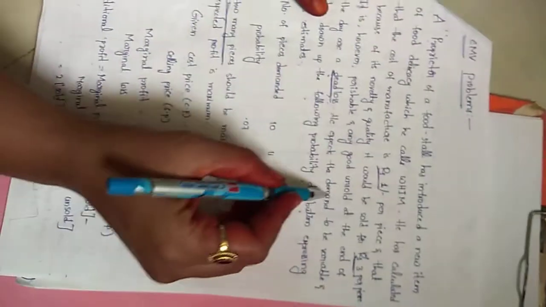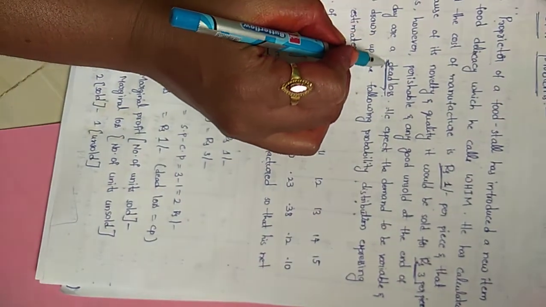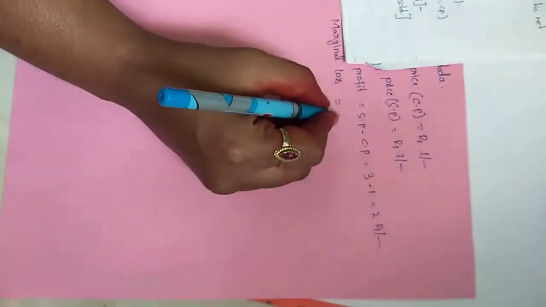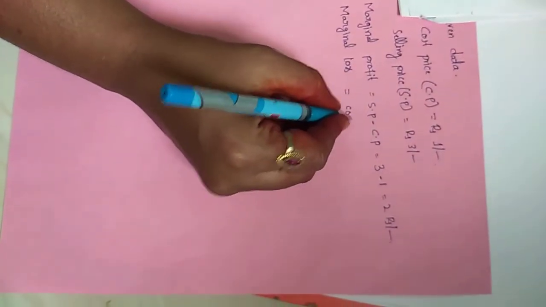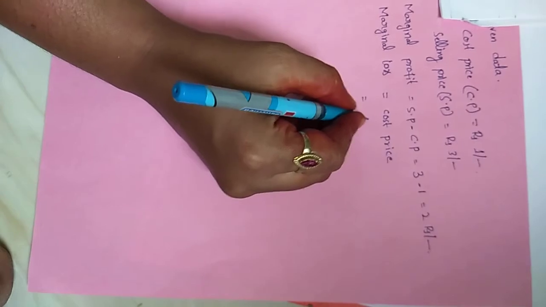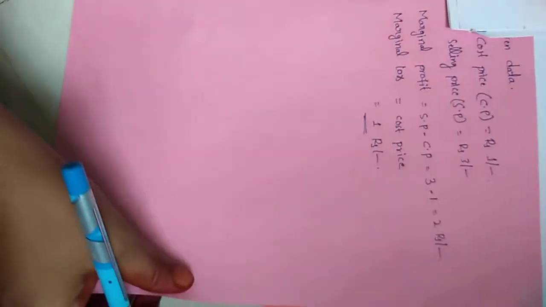Here, any goods unsold at the end of the day are a dead loss, that product will be lost. It means the production cost is our loss, that means it is equal to the cost price, 1 rupee. Marginal loss is 1 rupee, marginal profit is 2 rupees.